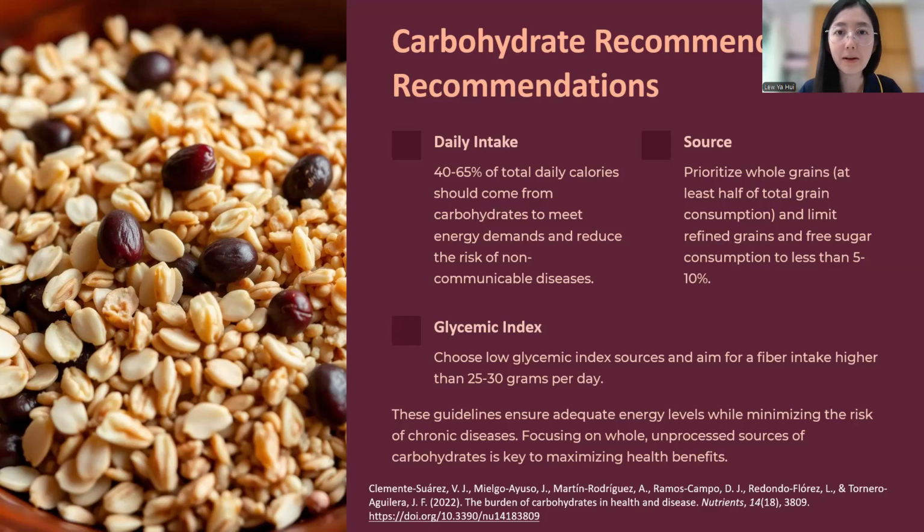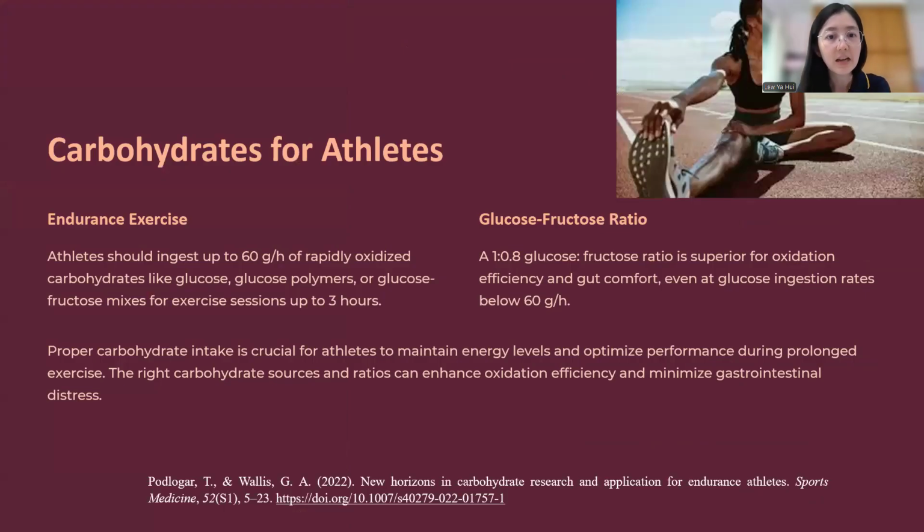Let's go through one by one and see the evidence. Research shows how much carbohydrate athletes should take. Athletes are advised to take in up to 60 grams of fast-digesting carbohydrates per hour during exercise sessions lasting up to 3 hours. Most studies have used a 2:1 ratio of glucose to fructose, which became the standard.